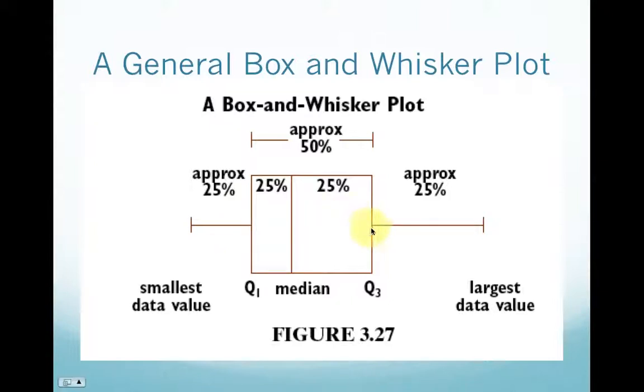Now suppose that Q3 was 30 and the largest data value was 60. That's why this side's whisker is longer. 25% of the data values fall between 30 and 60, which is going to produce a longer whisker on the right-hand side. So again, it's all the way the data values of the distribution lie.